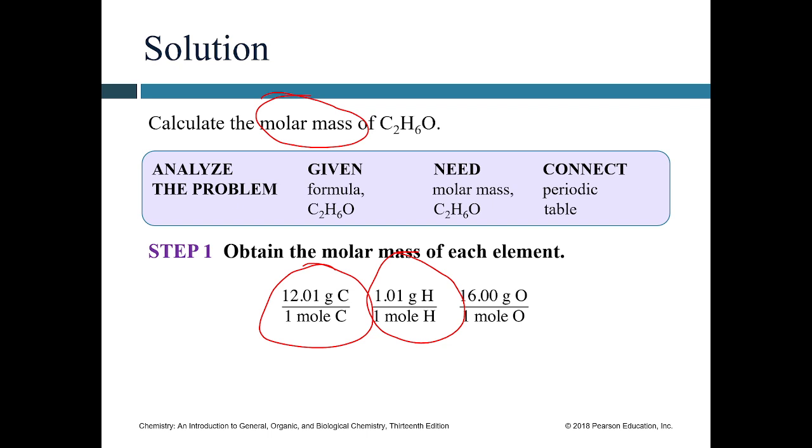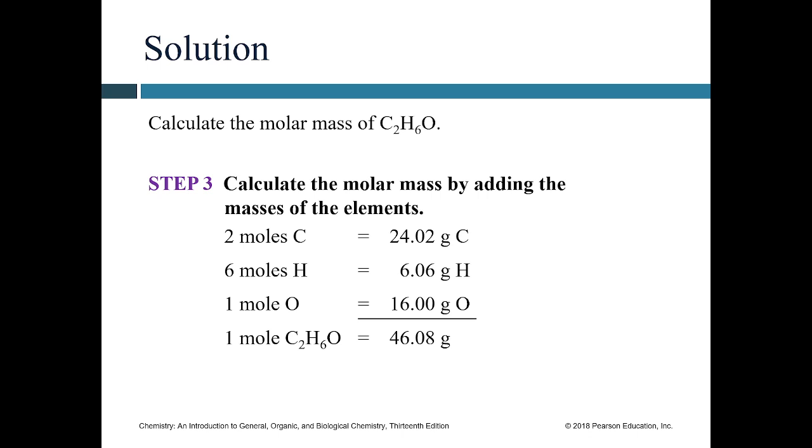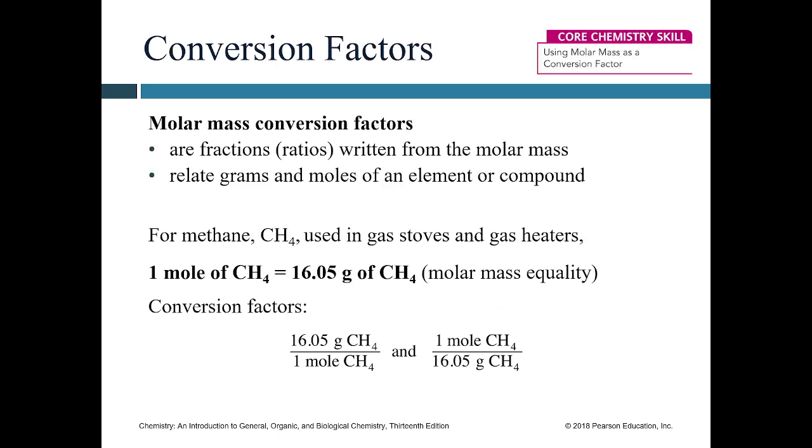So these are just the numbers from the periodic table right here, all put in 4 sig figs. And so we take those numbers, we multiply them by the number of times they show up in our formula here. That's these. And then we're going to just add these together. I got it. Okay. Fair enough.